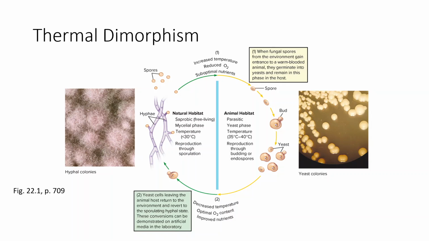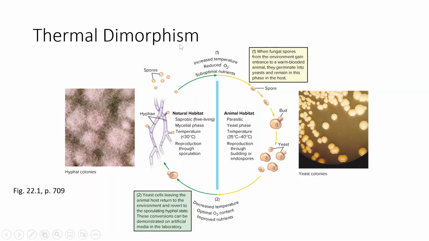However, they can enter our body in the form of a spore, and these are produced from the mycelium. We learned about the different kinds of spores that you can get in lab.